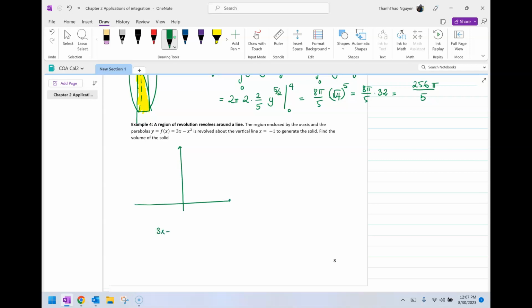So 3x minus x squared has x-intercepts at x equals 0 and x equals 3. And so we have this parabola looking like this. And we rotate it about the line x equals -1.